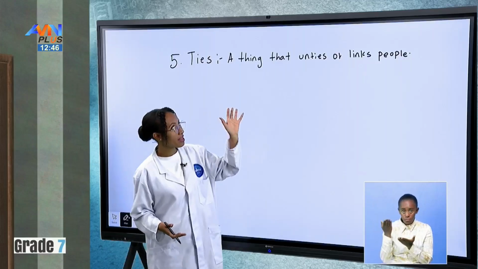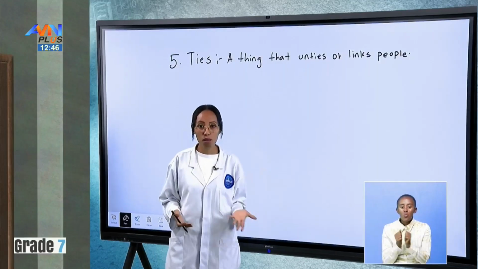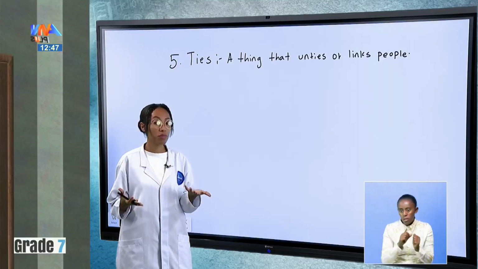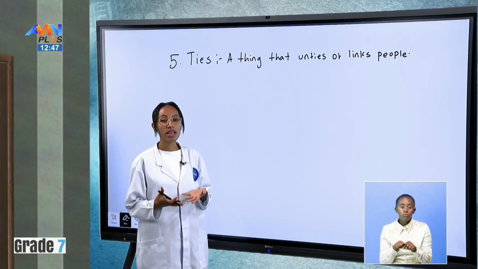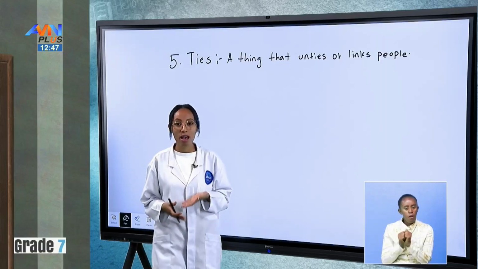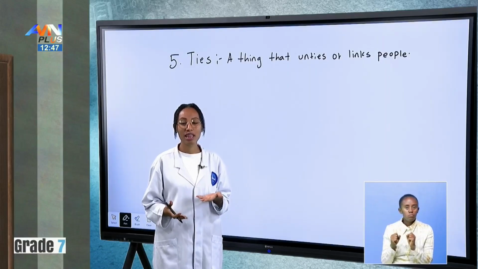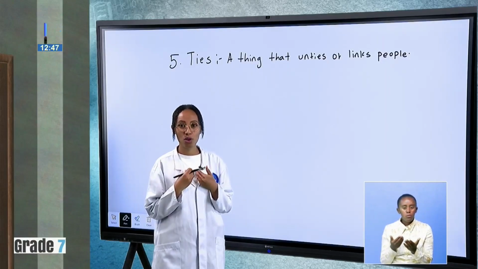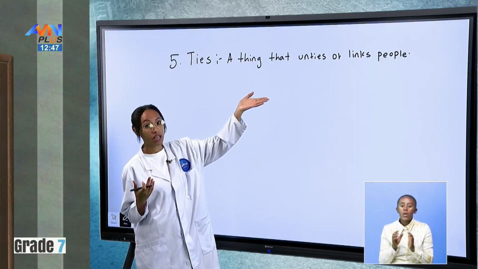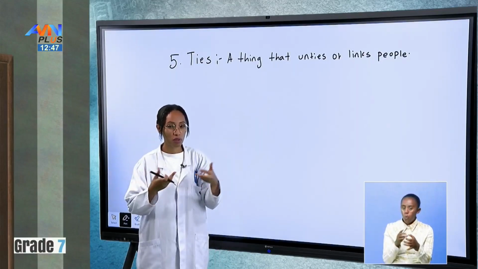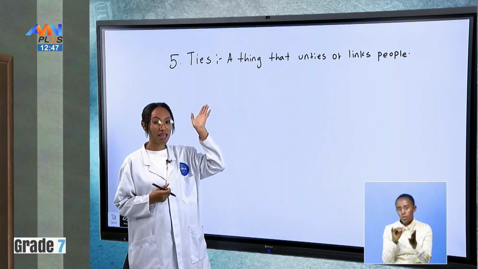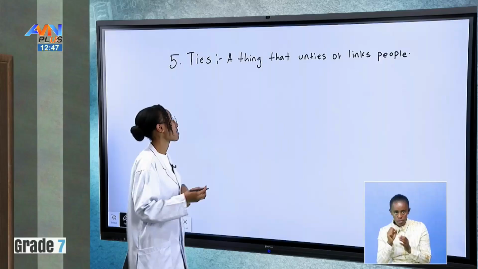Here, a thing that unites or links people is another definition for tie, which means, for example, she has strong ties with her family. If I say this, I'm saying that she's really close with her family. So she is united or linked with those people in a very special way. That is the meaning of ties in this context.